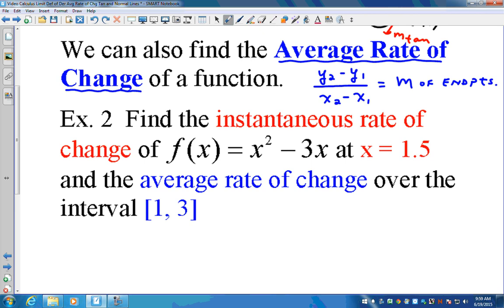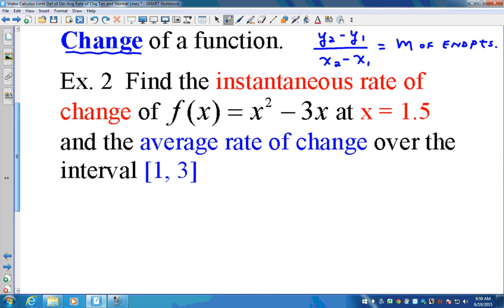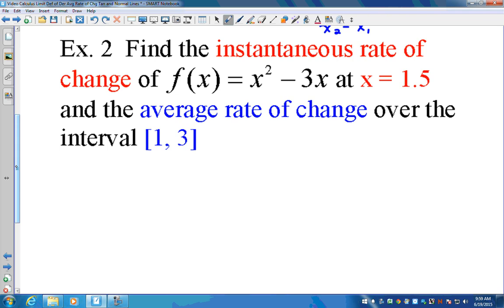All right, so when they ask for the average rate of change, they're just talking about what any algebra student would be able to do, right? To find the slope of 2 points. All right, so this example is going to ask us for the average rate of change. But it's also going to ask us for the instantaneous rate of change.